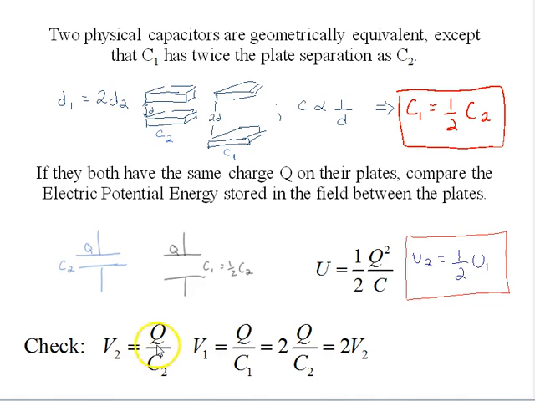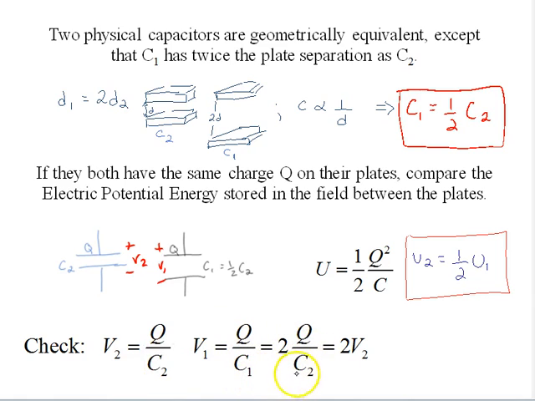Let's check the voltages. We know our relationship between voltage and capacitance, for the same charge on the plates. V2 is Q over C2, V1 is Q over C1.